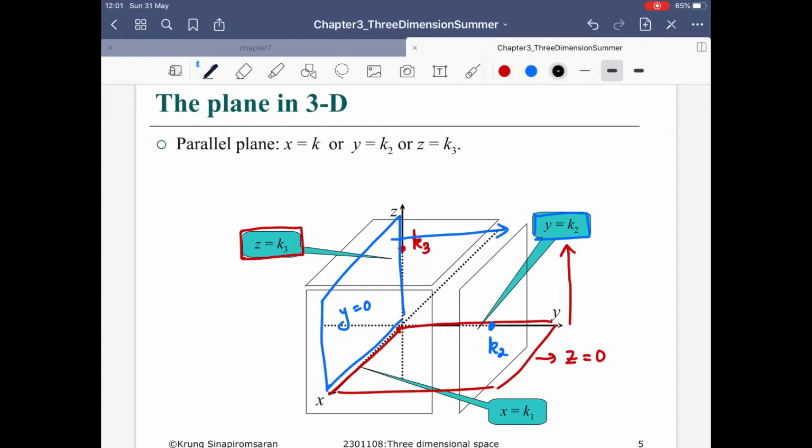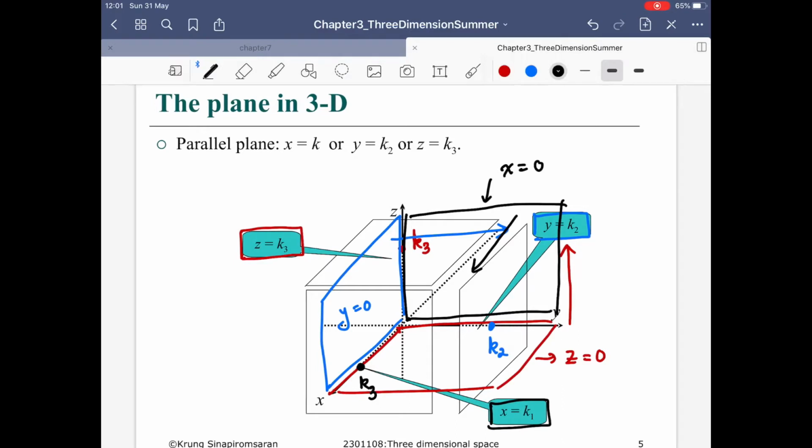And of course, if you're talking about this plane, the one according to the y and the z axes, which is the x equals 0 plane, and then you just pull it out over here to this level at k3. So this one is called the x equals k3 plane, okay.